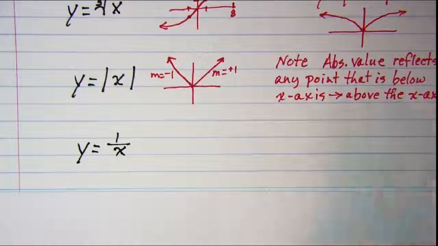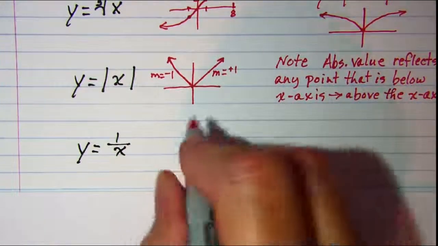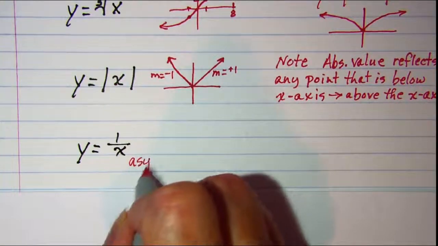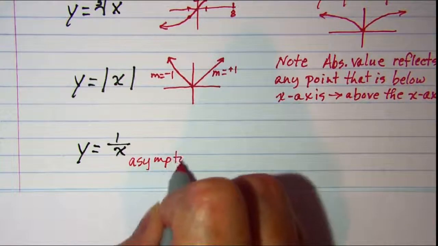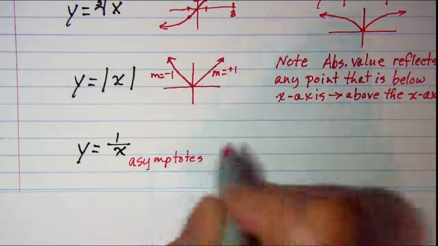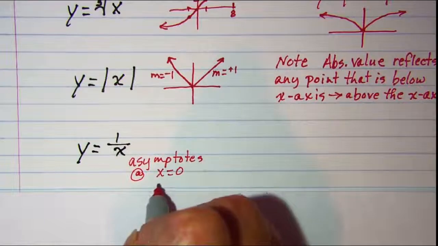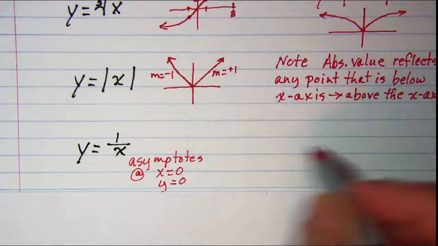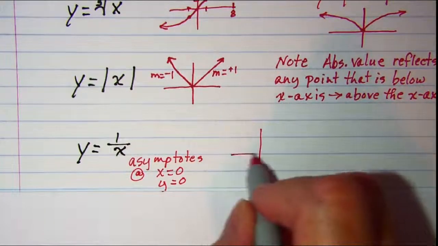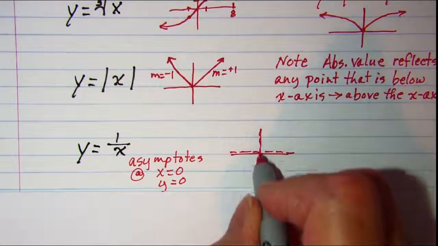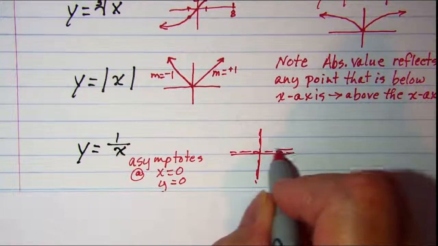Y equals 1 over x has asymptotes at x equals 0 and y equals 0. So this graph looks like, those are my asymptotes, looks like this.